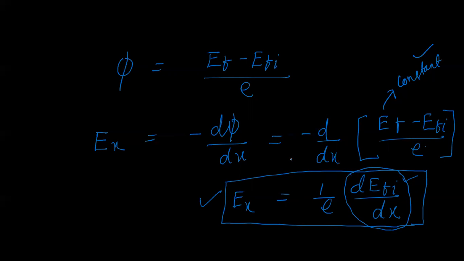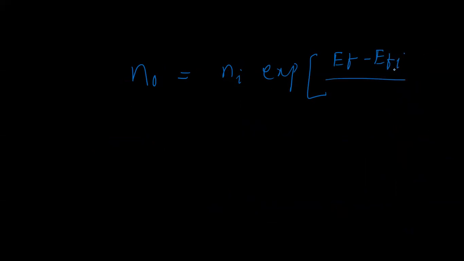If you remember one equation that we derived earlier, n0, the concentration of electrons in the conduction band, is given in terms of the intrinsic carrier concentration ni as ni e to the power (EF minus EFi) by kT, where k is the Boltzmann constant and T is the absolute temperature.